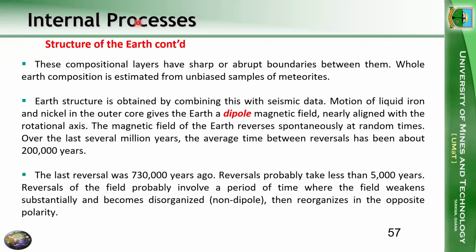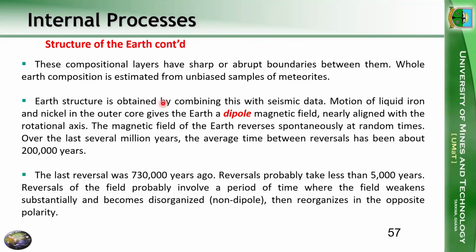All right. So the magnetic field reverses sometimes. When we say the magnetic field reverses, it means that north is becoming south and south is becoming north. All right, it could reverse.